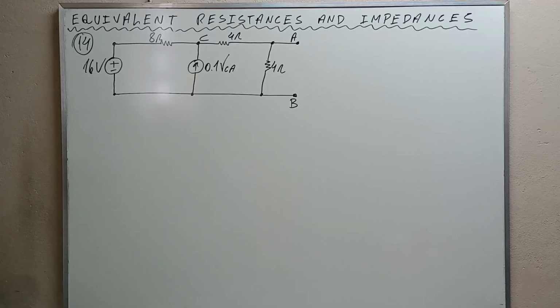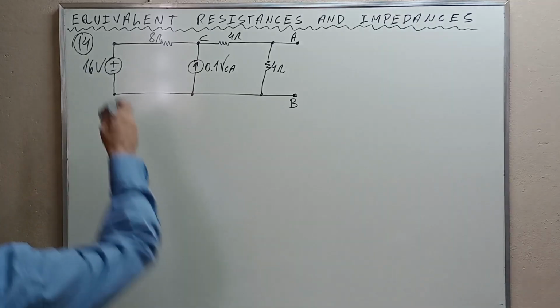Therefore, to calculate the equivalent resistance, we must use an auxiliary source connected to terminals A and B. This auxiliary source may be a voltage source or a current source. We will use a current source in this exercise.